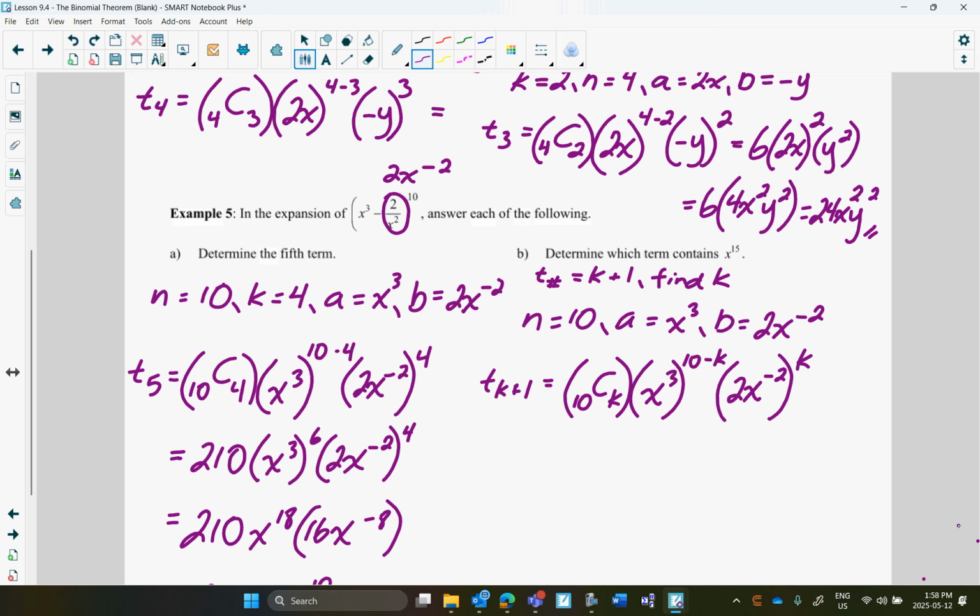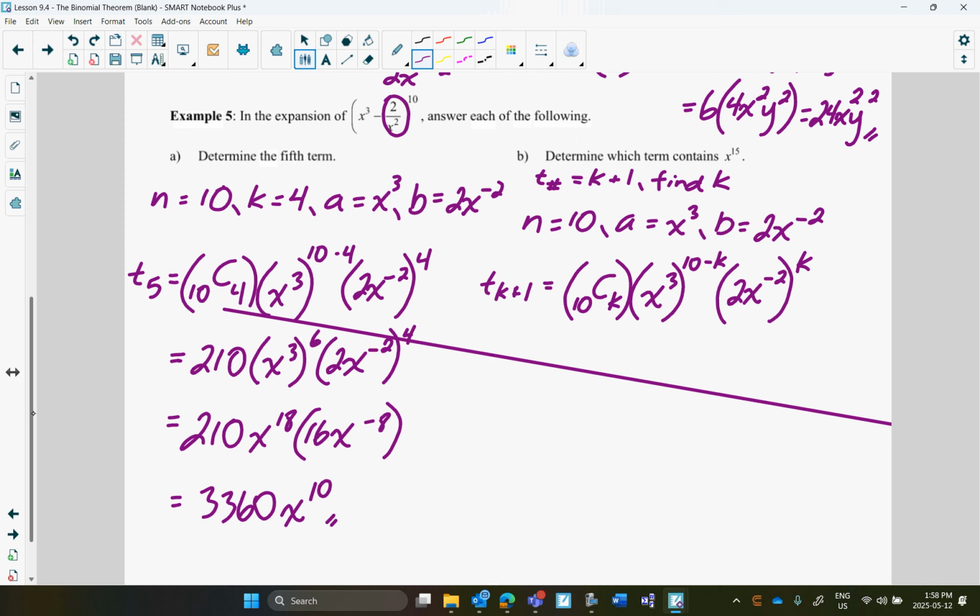Before I go any further, this is going to give me a number, isn't it? Like whenever I find k, this is going to give me some number. I don't care what the number is in front. I only care about finding k. Because we're asked to find which term number contains this exponent.